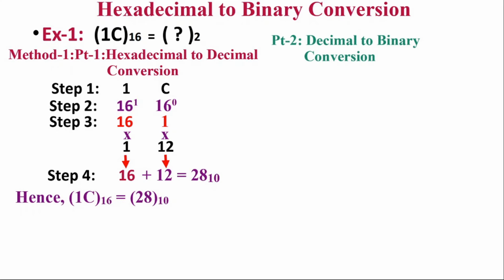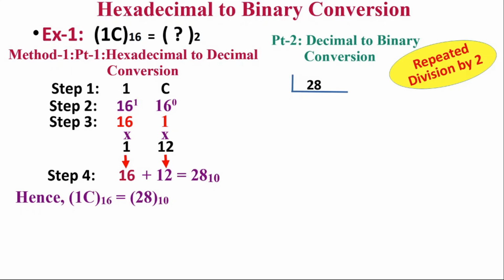Now the part 2, where we have to convert the decimal number 28 into its binary form. Here we will follow the repeated division by 2 method, which we have also discussed in our lecture 2.